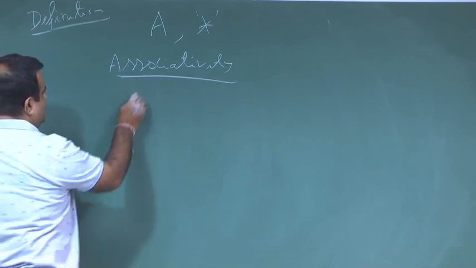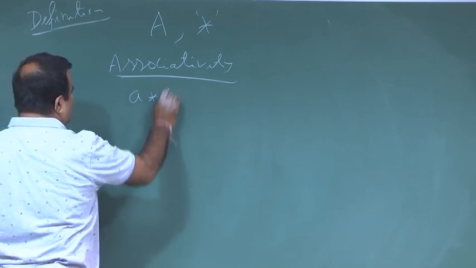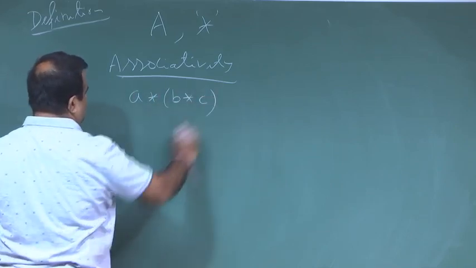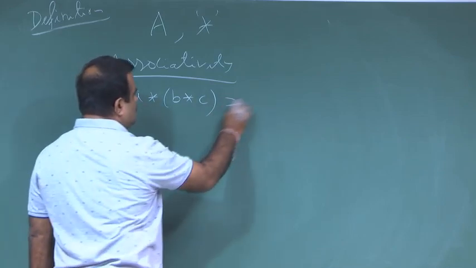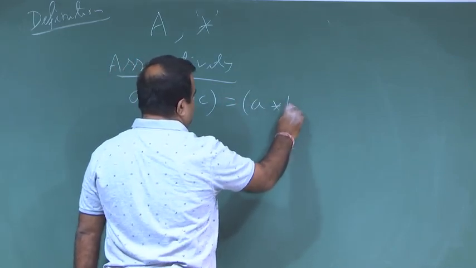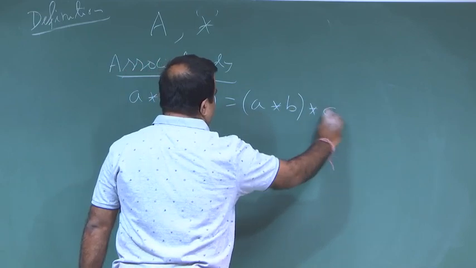if we take three elements a, b, c, and a star b star c equals a star b star c, grouped differently.